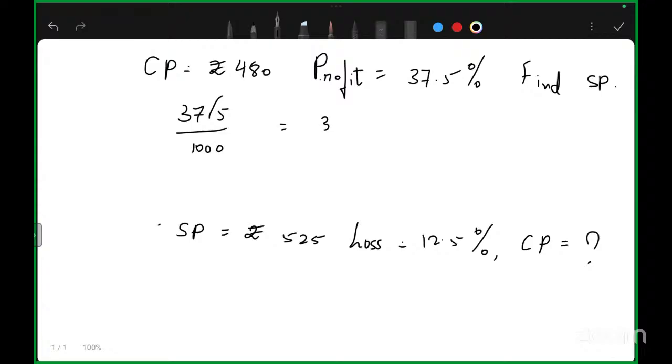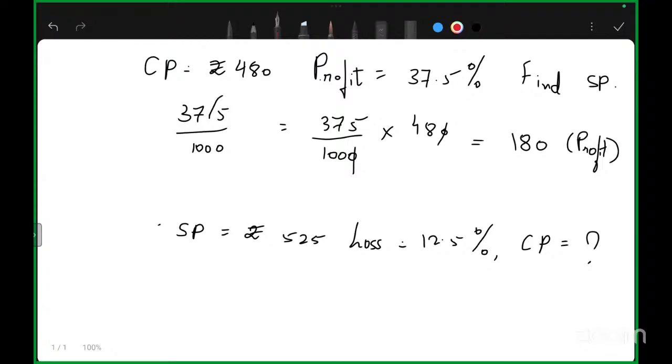So you can write it as 375 upon 1000 multiplied by 480. When you solve this, you will get 180. This is the profit.